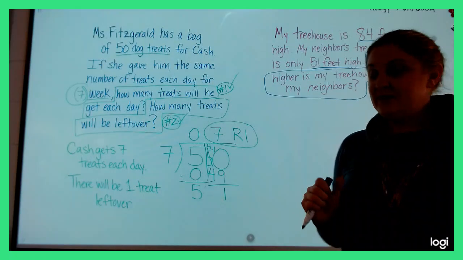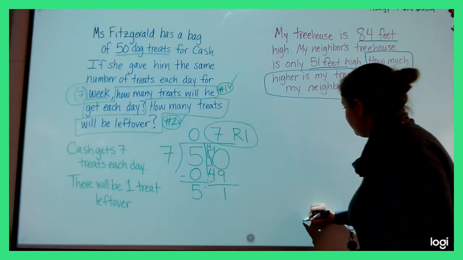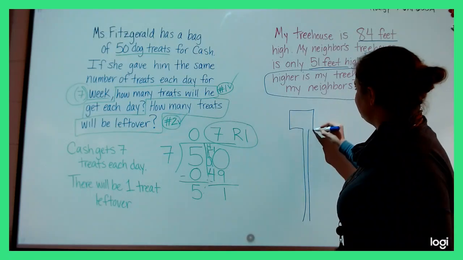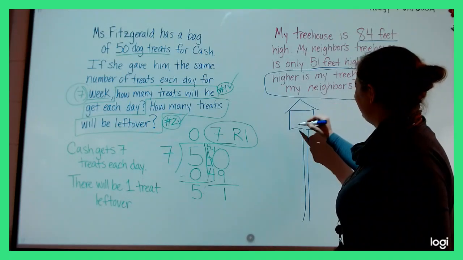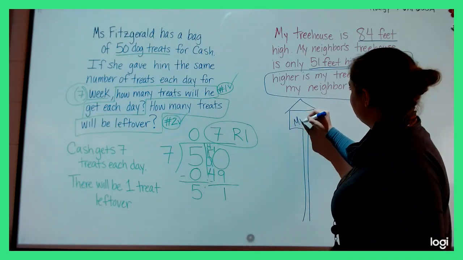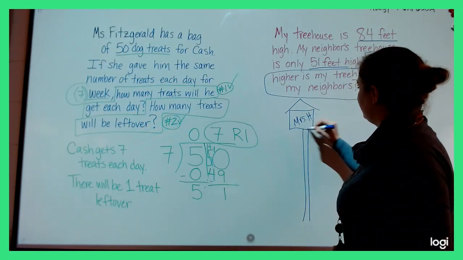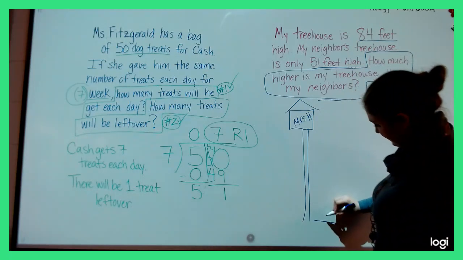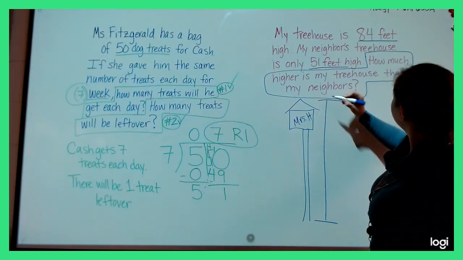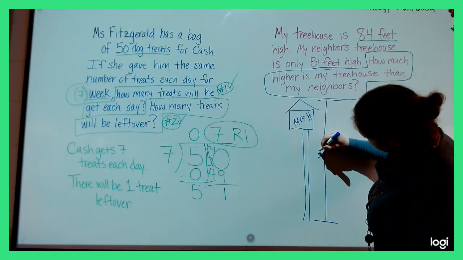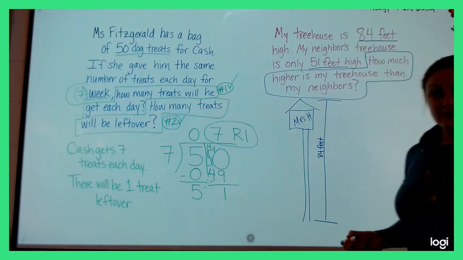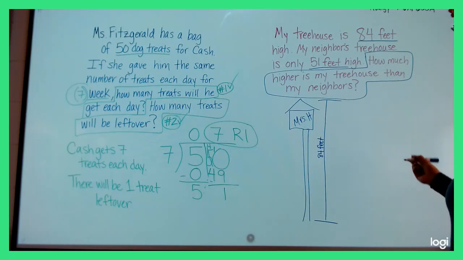All right, so I'm going to draw a quick little picture. Let's say this is the tree with my treehouse. Okay, so we know this distance from top to bottom, all the way up, this would be 84 feet. Okay, now my neighbor's treehouse, not quite so big.